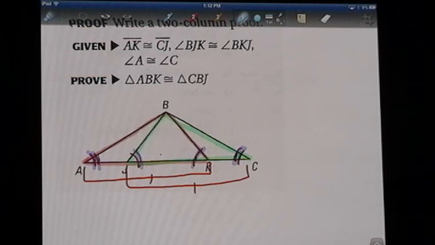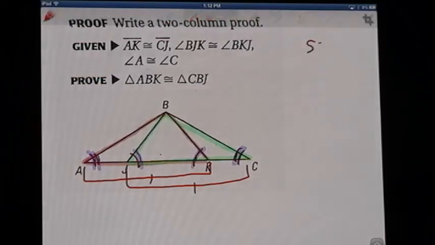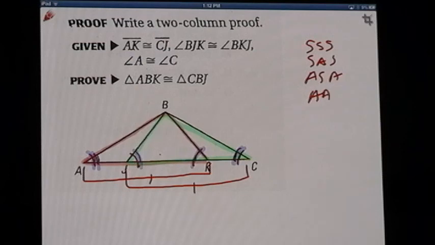Angle A equals angle C. So we have two angles, and let's remember what we have to choose from: side, side, side; side, angle, side; angle, side, angle; angle, angle, side; and hypotenuse, leg.